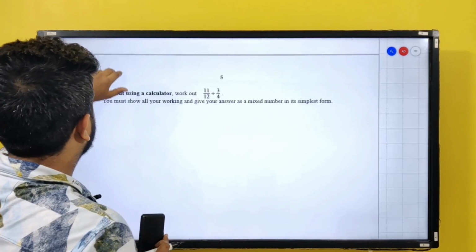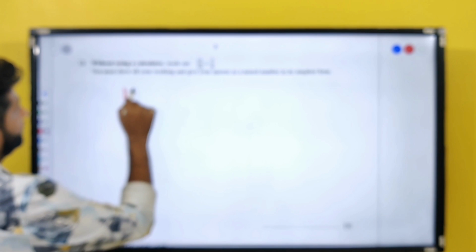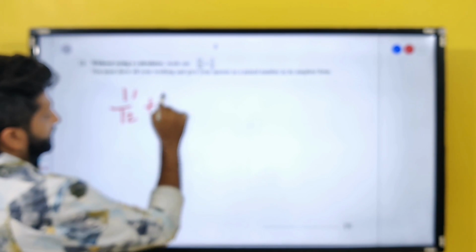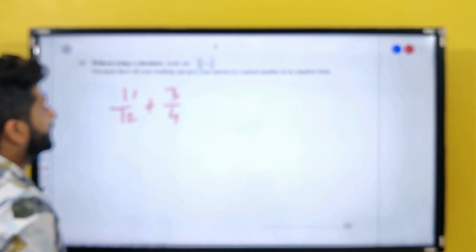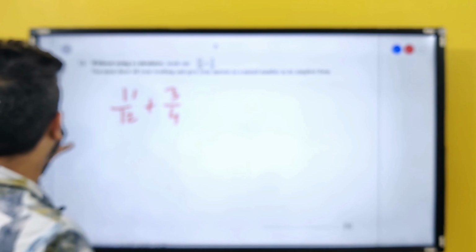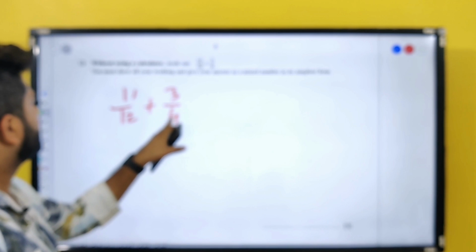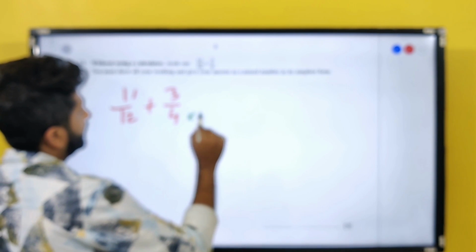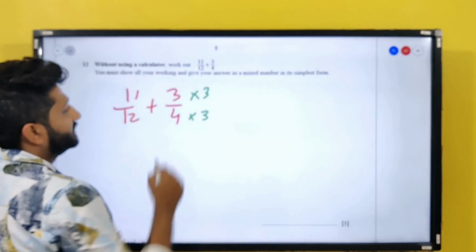Next, without using a calculator, work out. Okay, so you have 11 by 12 plus 3 by 4. The LCM of 12 and 4 is going to be 12, obviously. So we'll multiply this 3 by 4 with 3 and 3. So you have 11 plus 3 3s are 9 upon 12.